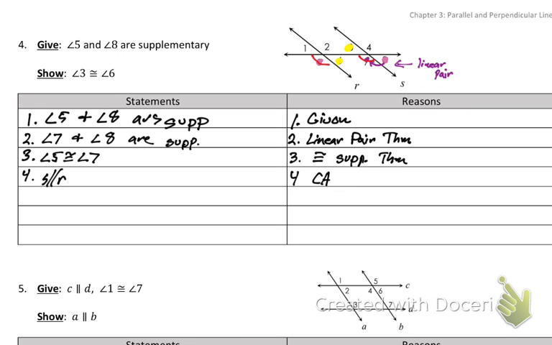So is it the corresponding angle postulate or the converse that proves they're parallel? Converse. So if you're proving lines are parallel, you use the converse. Now we can put our parallel lines on there.